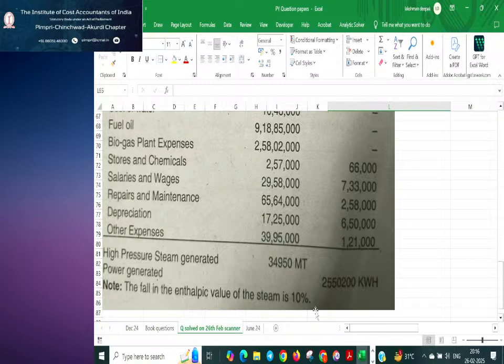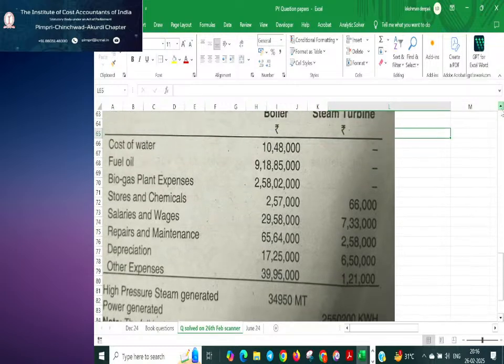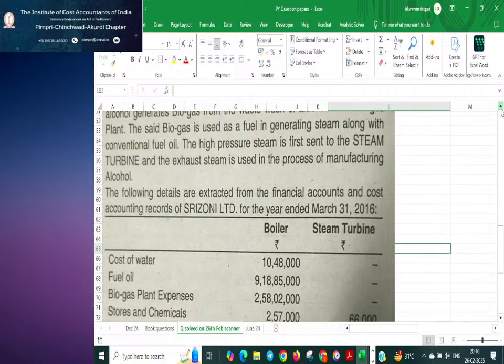Got it? So if we have to prepare a statement for steam, it is much easier. We are just going to add all the cost. But if you are going to prepare it for power, it is going to be different thing. Okay? Enthalpic value is 10%.